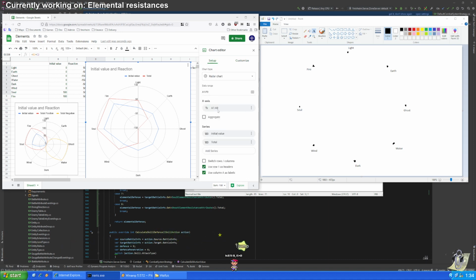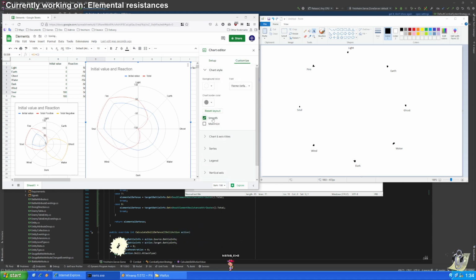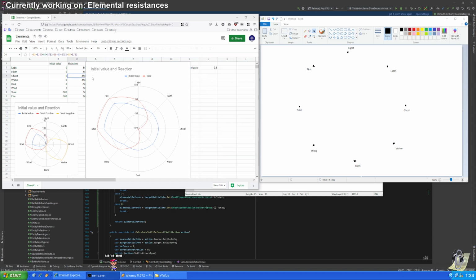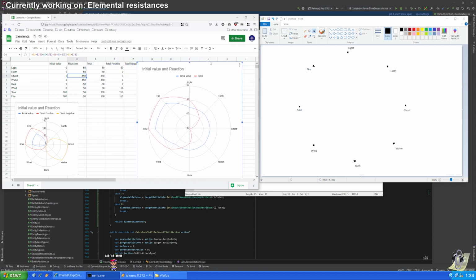Now if I smooth it out, yes. Why is it minus 150? Oh.